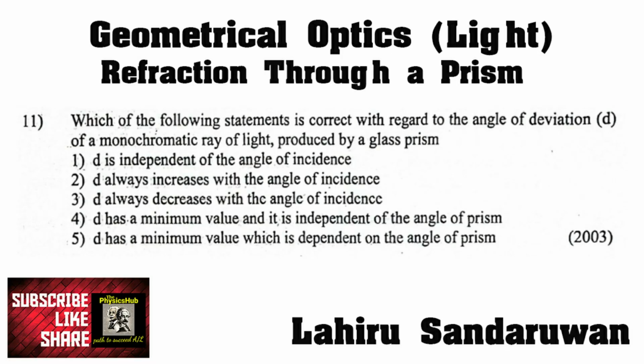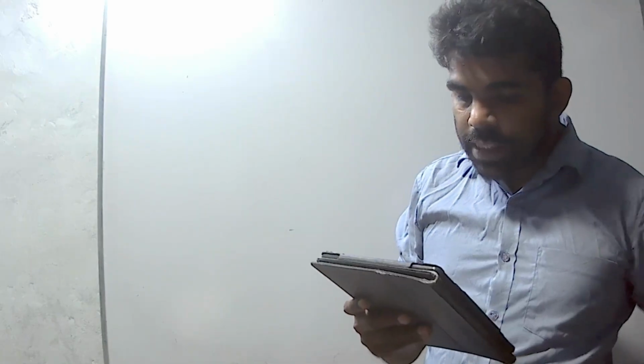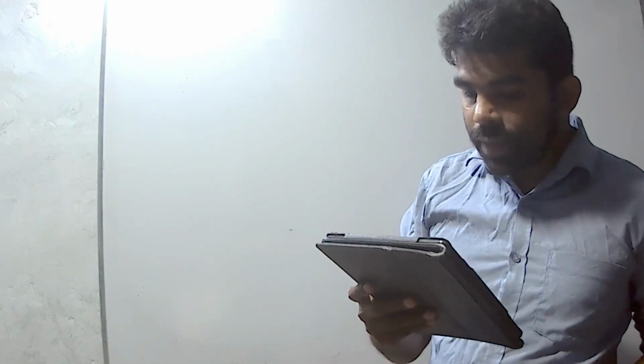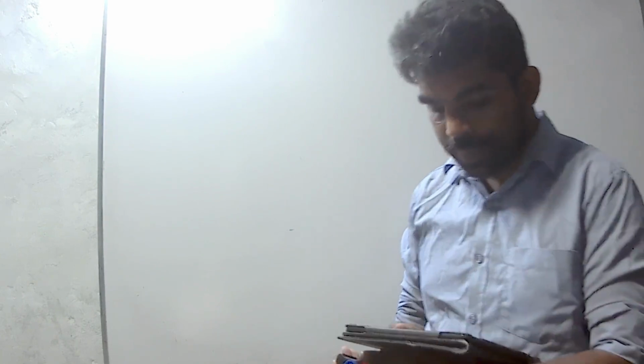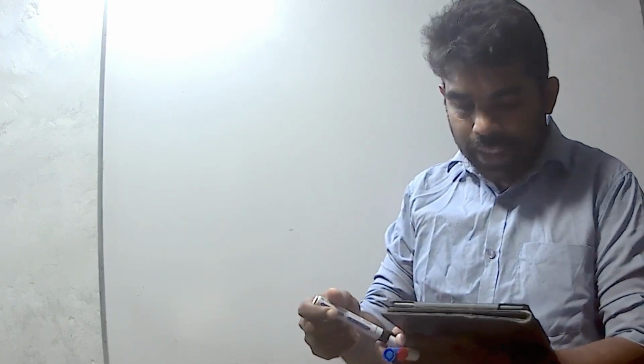Which of the following statements is correct with regard to the angle of deviation D of the monochromatic ray of light produced by a glass prism? Answer 1. D is independent of the angle of incidence. Now we know that it is depending on angle of incidence.